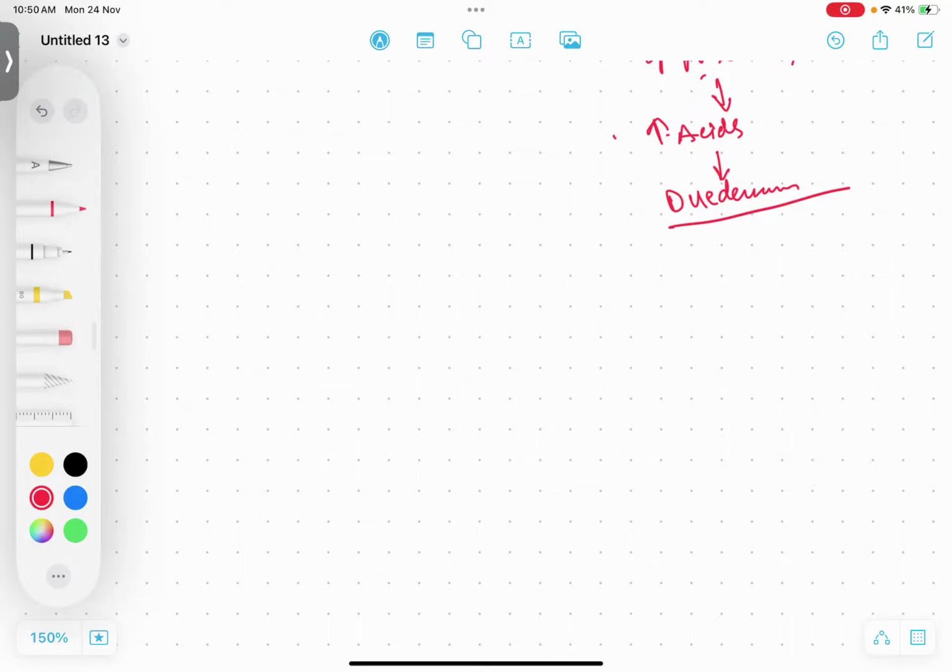These MALToma, MALT lymphoma, are also due to chronic immune stimulation.